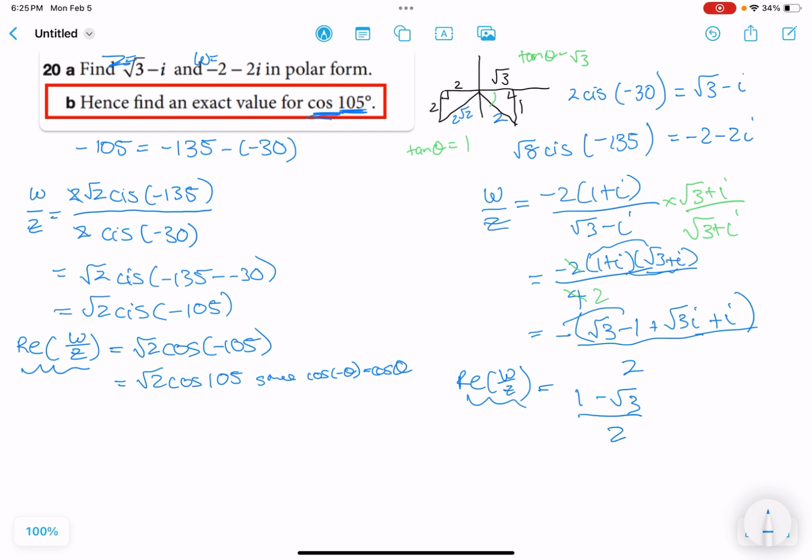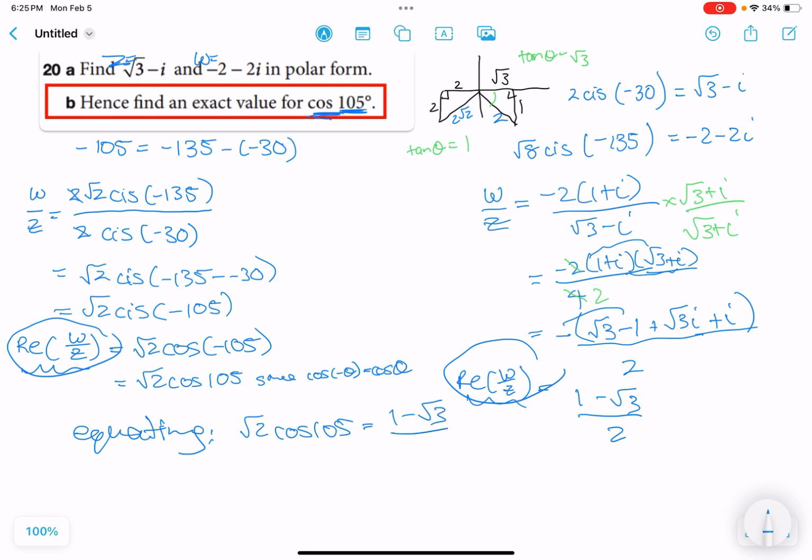Now if we equate those, because they're exactly the same, they should be equal to each other. So equating, we've got root 2 cos 105 is equal to 1 minus root 3 on 2. So let's divide by root 2.